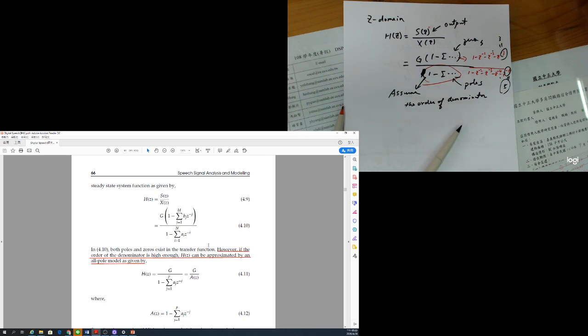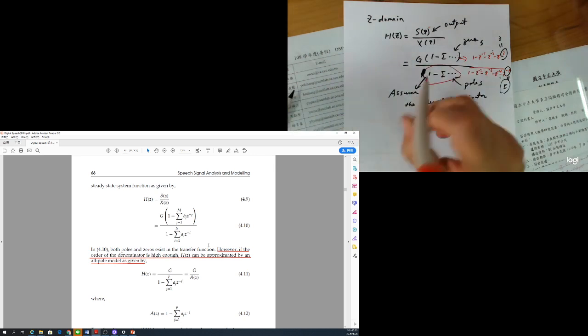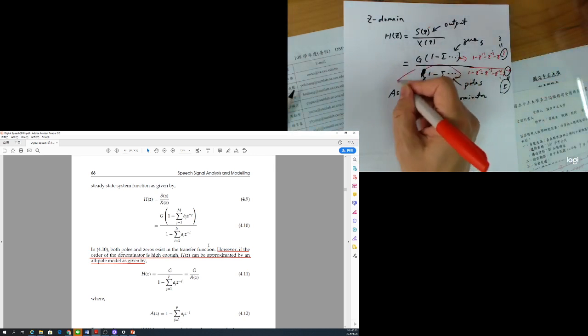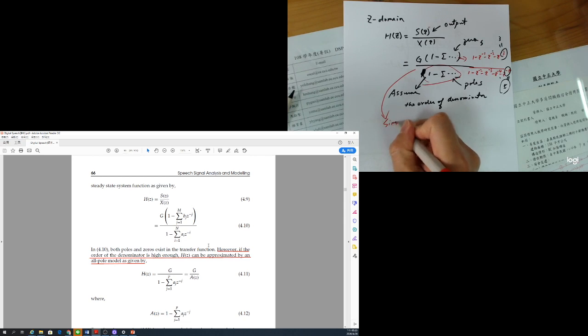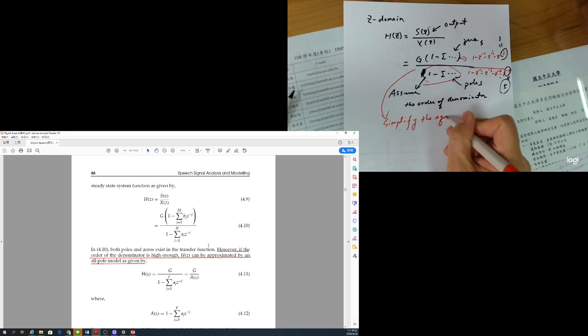We try to simplify the equation, and then assume it is an all-pole model. Why do we use an all-pole model?